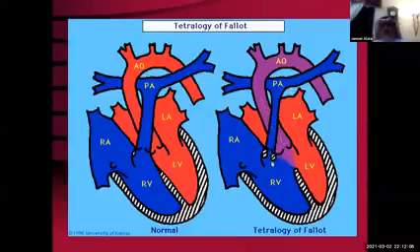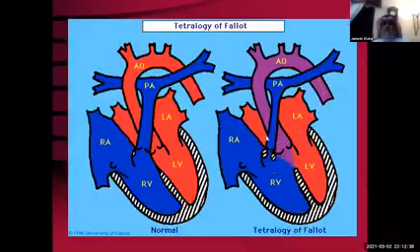So in tetralogy of Fallot, the mixing is not an issue. So what determines a tetralogy of Fallot patient's cyanosis or saturation? What determines it is how much blood the pulmonary arteries are getting. So if this stenosis is severe, they will get less blood, and they will have limited pulmonary blood flow, and the saturation will be lower in a tetralogy.